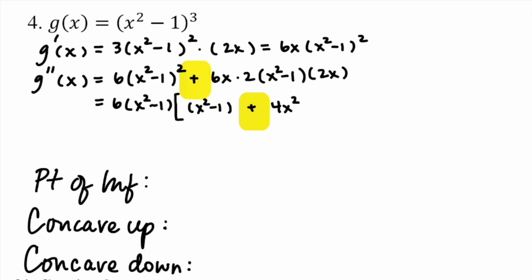But I did factor out the x squared minus 1. Okay, and now I can keep going on this. 6 times x plus 1 and x minus 1. And then the thing in squared brackets is going to be 5x squared minus 1.